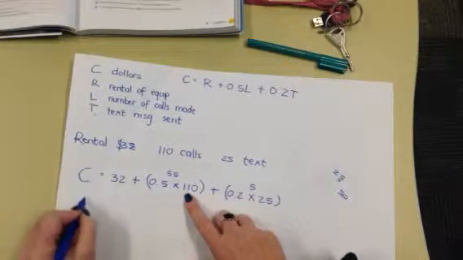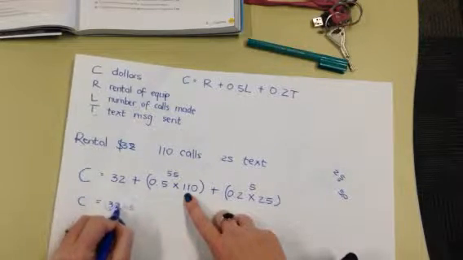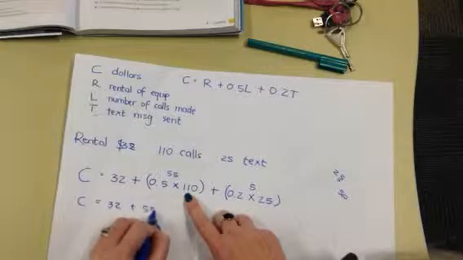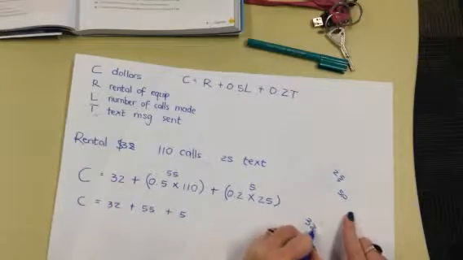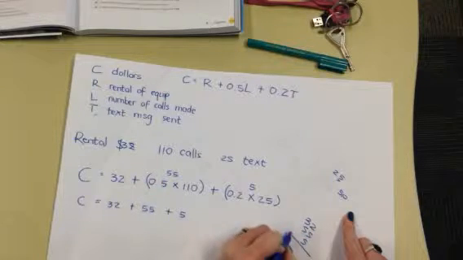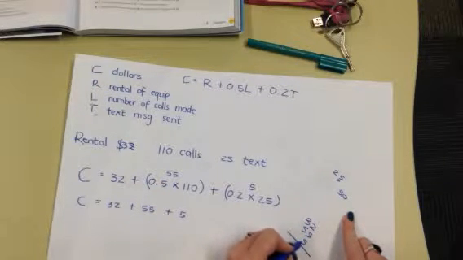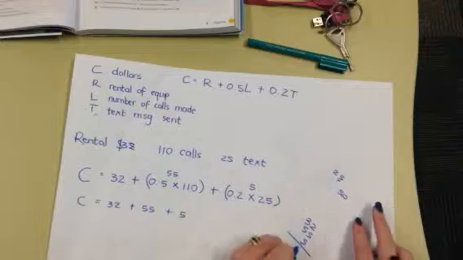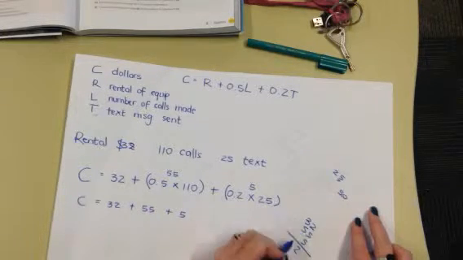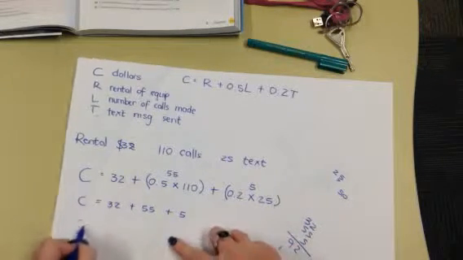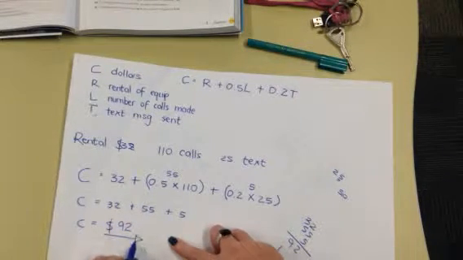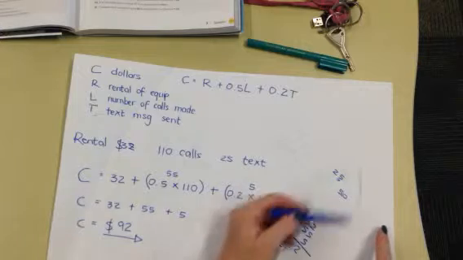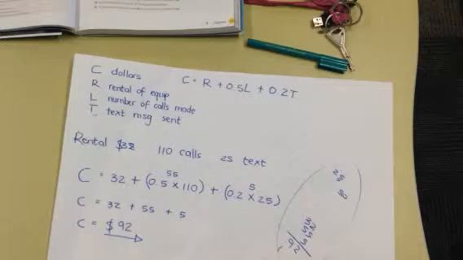Now C is equal to 32 plus 55 plus 5. 2 plus 5 is 7. 7, 8, 9, 10, 11, 12. Carry 1. That's 8, 9. So the cost is equal to $92. When you do these workings out, please do it on a separate piece of paper, not on your paper. Right, go ahead and let's do 3.3.